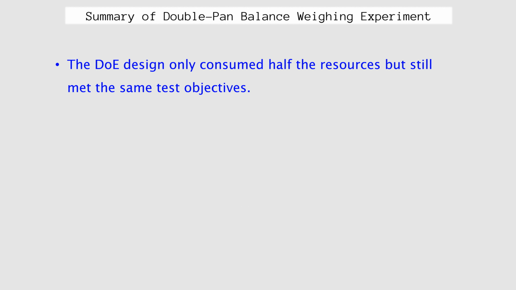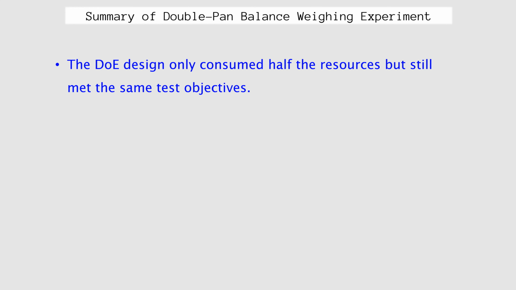So let's summarize what we learned from the double pan balance weighing experiment, where we compared the conventional approach of single factor experimentation with its emphasis on data acquisition to the design of experiment approach with its emphasis on acquiring knowledge.